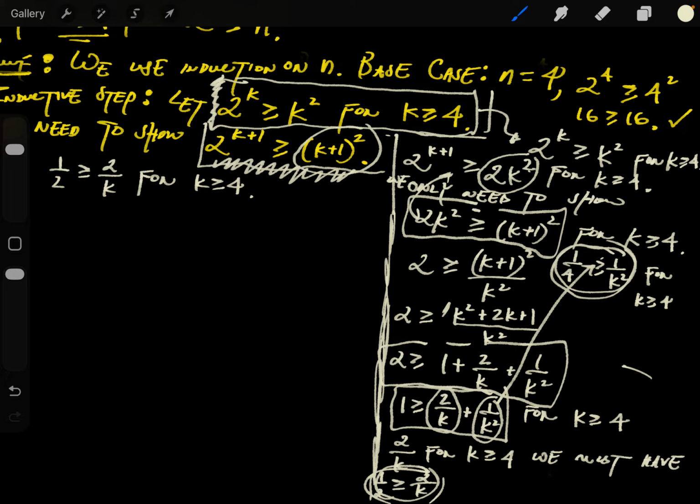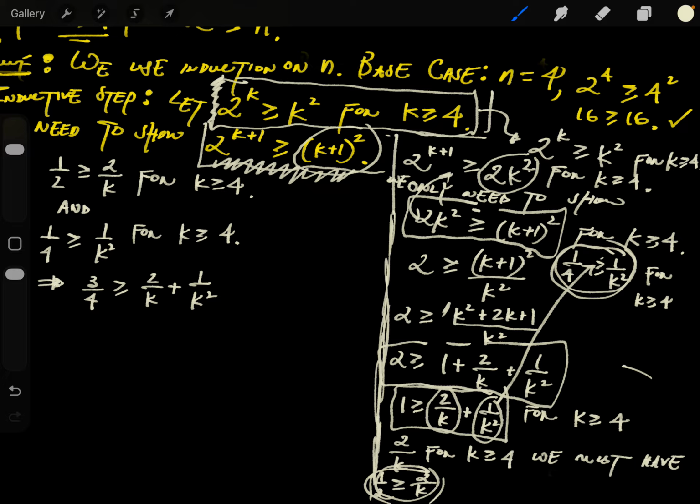And 1/4 is greater than 1 over k squared for k greater than or equal to 4. So these two together imply that 3/4 is greater than or equal to 2 over k plus 1 over k squared, because if I add these inequalities, I get this resulting inequality.